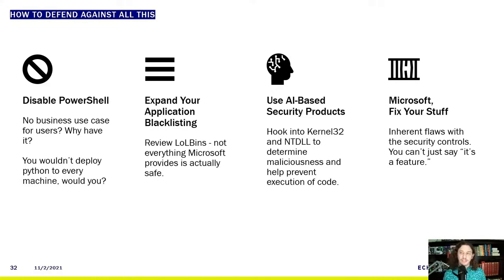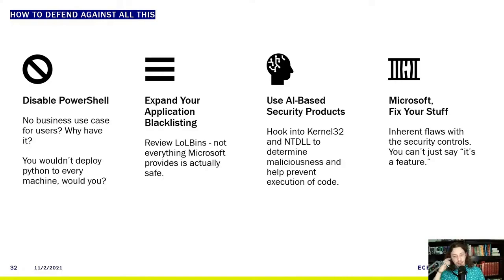I know I'd mentioned that it is possible to rehook or unhook DLLs, especially those like kernel32 or NTDLL. But when you unhook those DLLs, the more advanced AI-based security products are able to determine when a system is being bypassed.